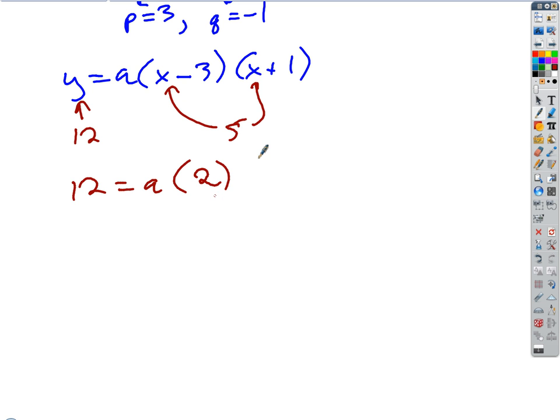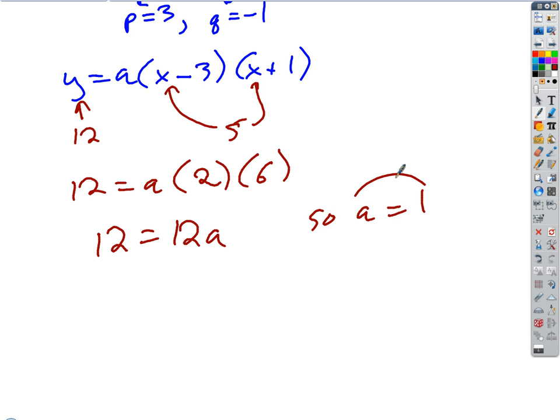What's 5 plus 1? 2 times 6? 12. So we end up with 12 equals 12a, right? So what's a? So all I have to do is just plug in 1 right there, right? So that becomes a 1, and that's our answer.